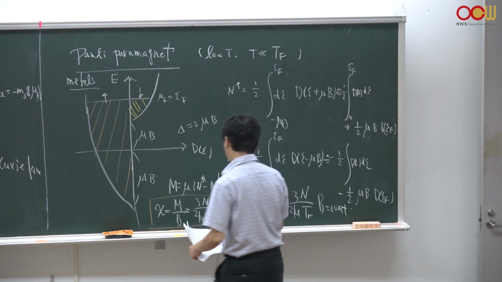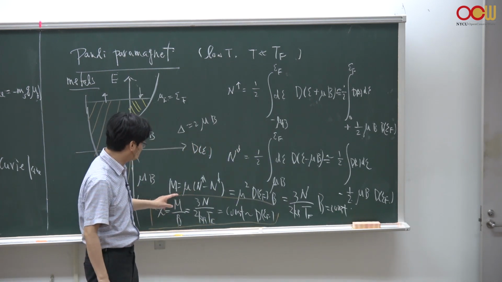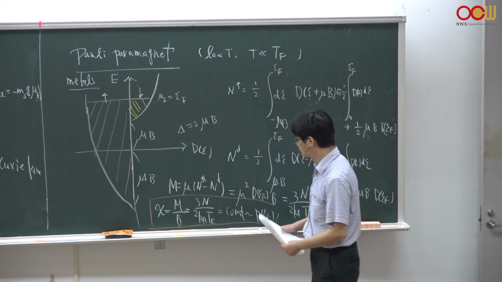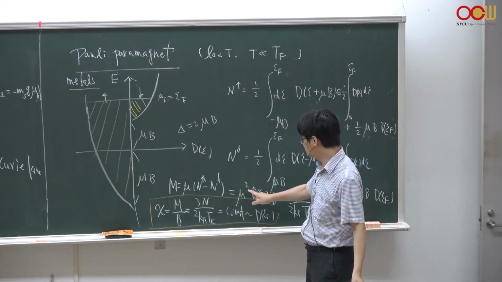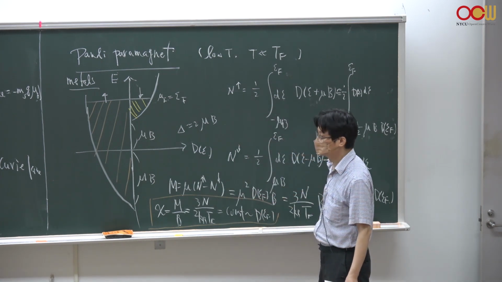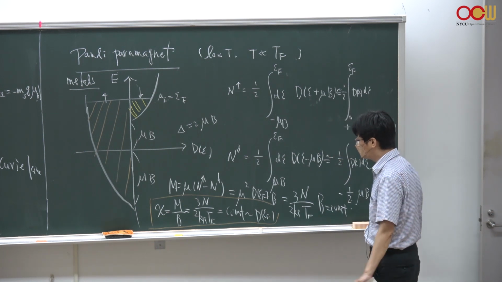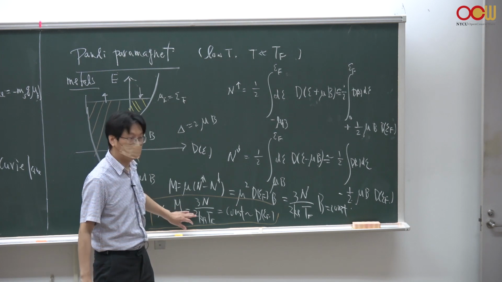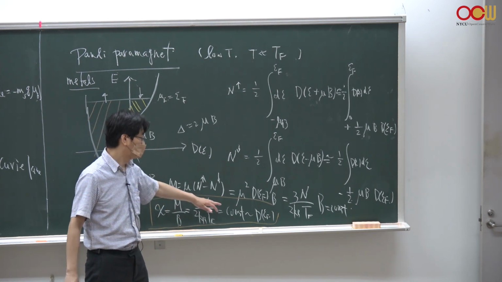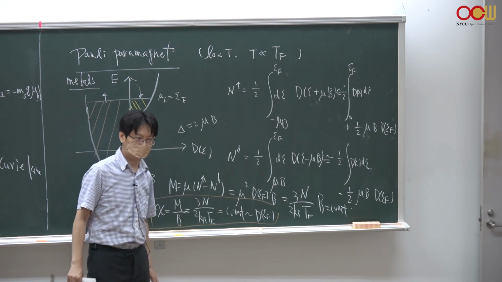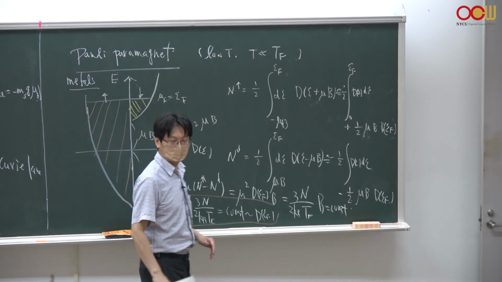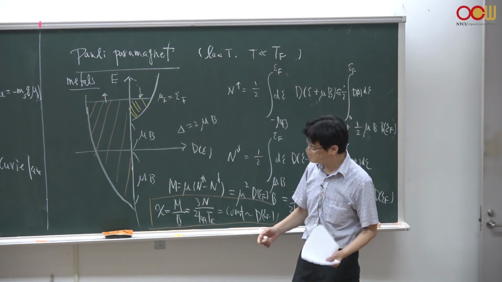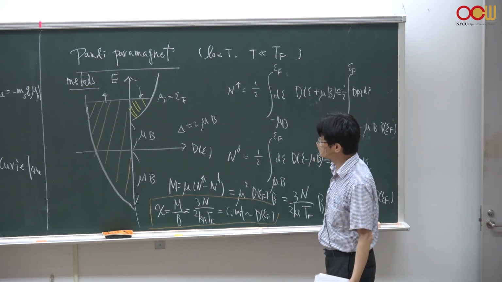So you can simply take the difference between these two numbers. You get the net magnetic moment, the magnetization, which is mu squared times the density of states times your field strength. And you take the ratio between M and B, you get a constant, which is proportional to the density of states. And that constant density of states is the correct description of the Pauli spin susceptibility.